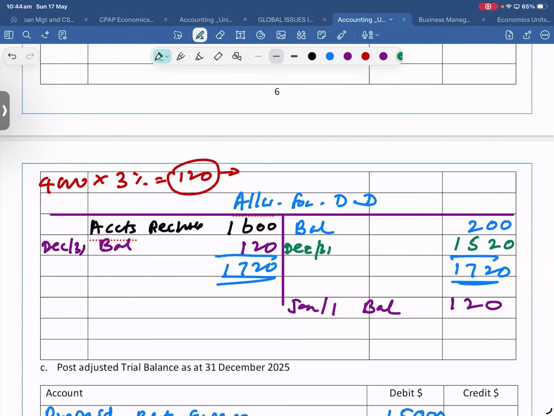Where do you debit? So you credit here and debit. Nobody remembers? Okay. Bad debts.